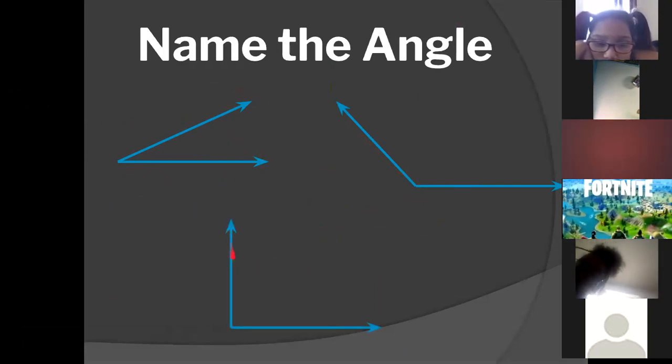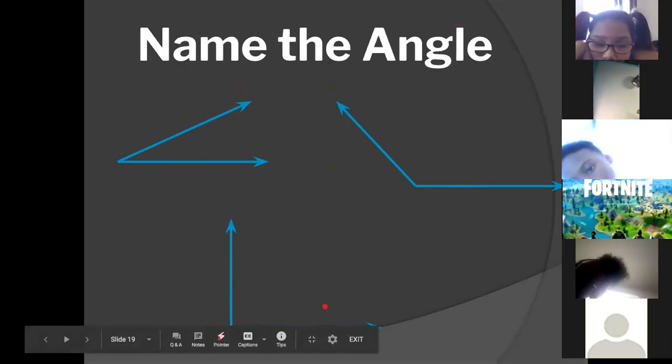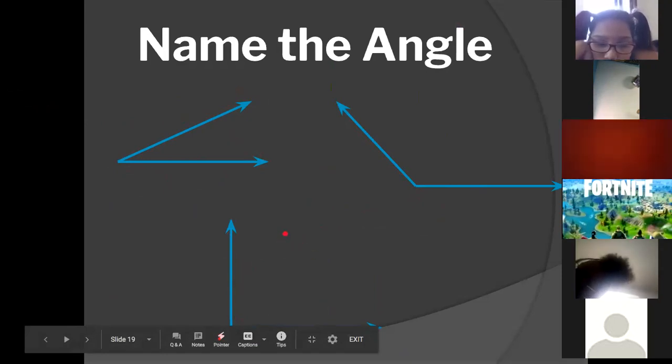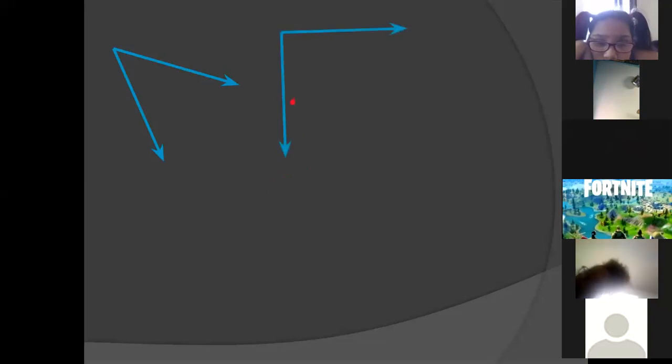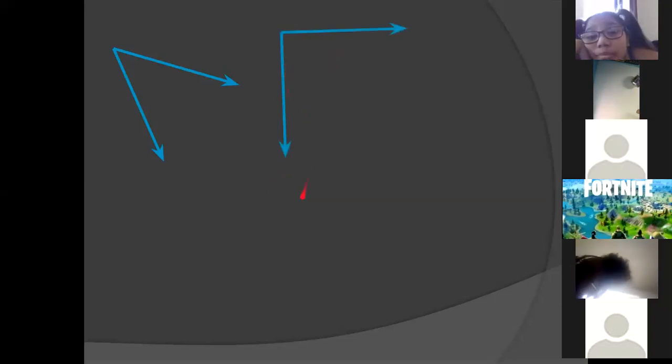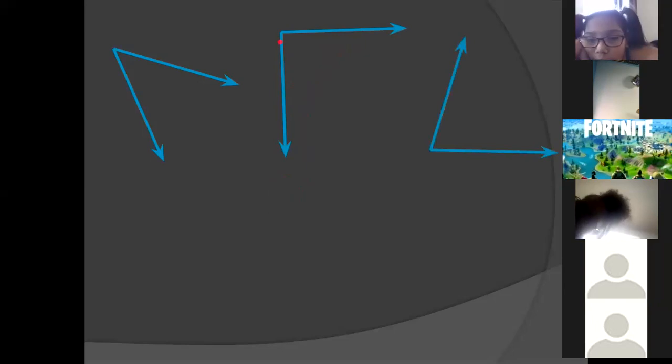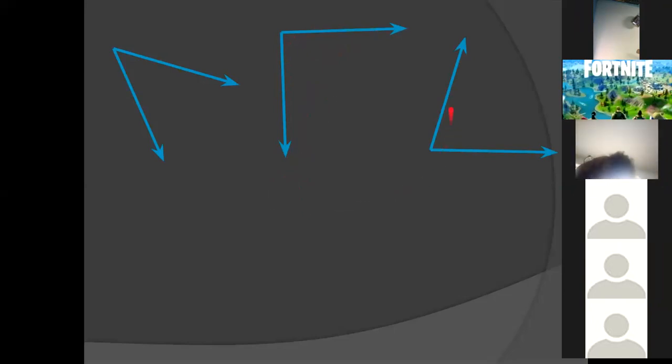And when it's perfectly straight up and down, 90 degrees, that is a right angle. Right, acute. That looks almost like a right angle, but we don't have the little square in the corner to tell us for sure. This next one was acute.